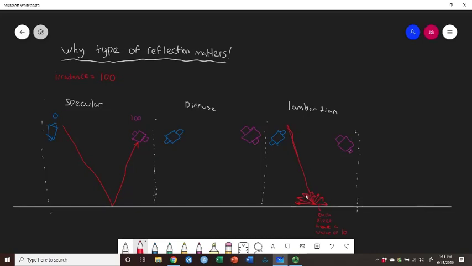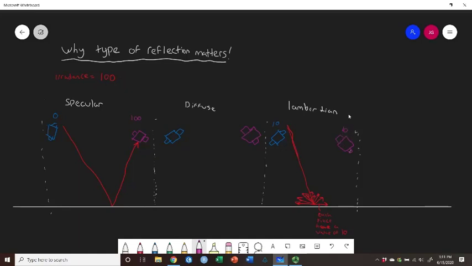Again, we're simplifying Lambertian drastically here for the sake of making the argument, but there are 10 different directions, and because Lambertian by definition is equal in all directions, each one of these would have a value of 10. So in this case, the blue would have a value of 10, and the purple would also have a value of 10.